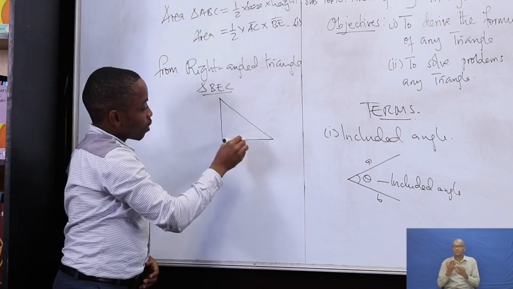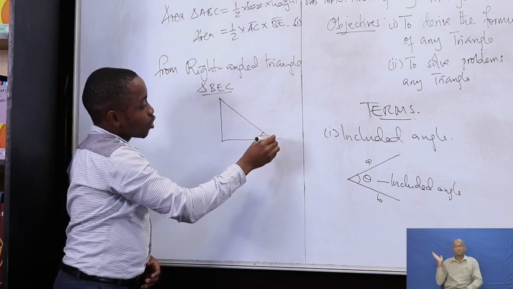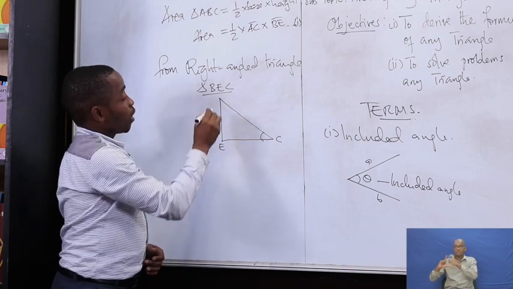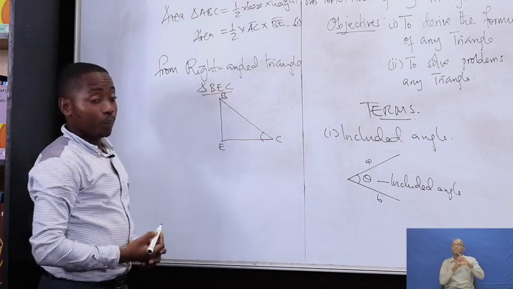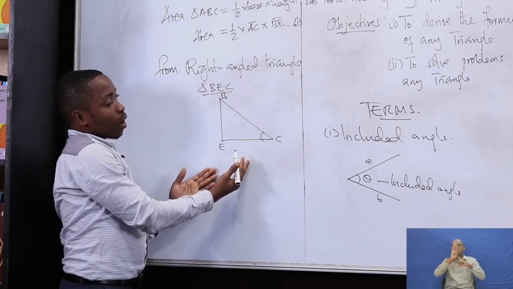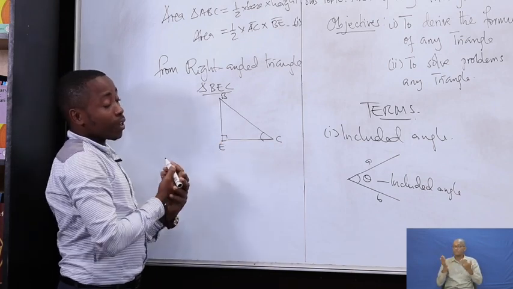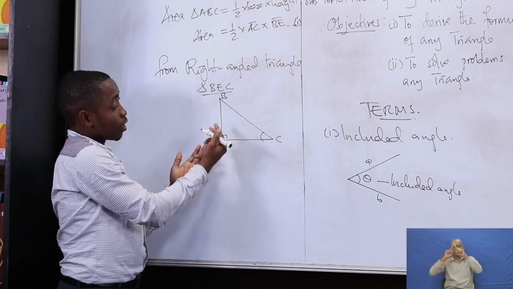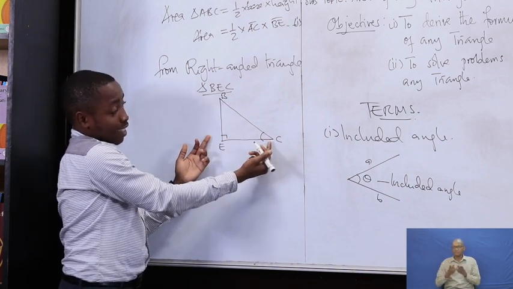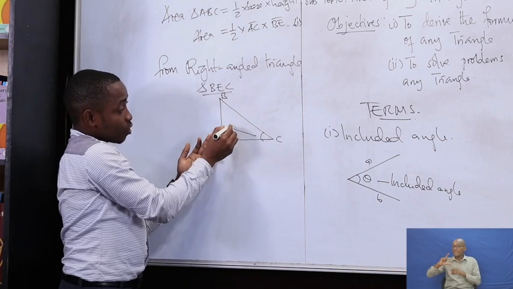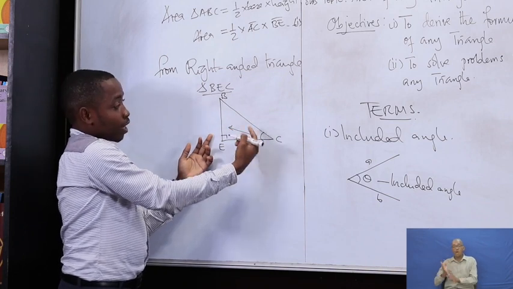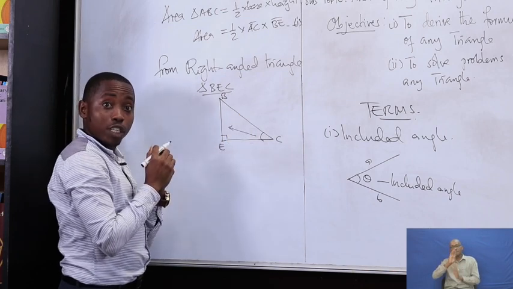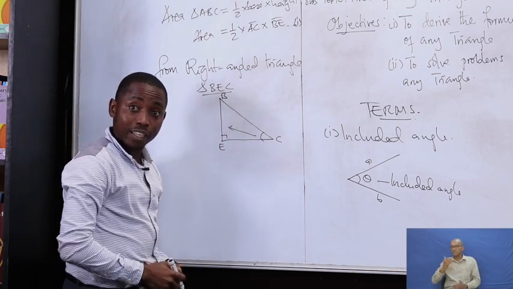Here you have your angle, which is angle C. This one is E, and the top here is B. For this right-angled triangle, where here we have 90 degrees, in order to find the relationship between the angle C, the opposite side faced by this angle, and our hypotenuse BC, we are going to use the trigonometric ratio known as sine.